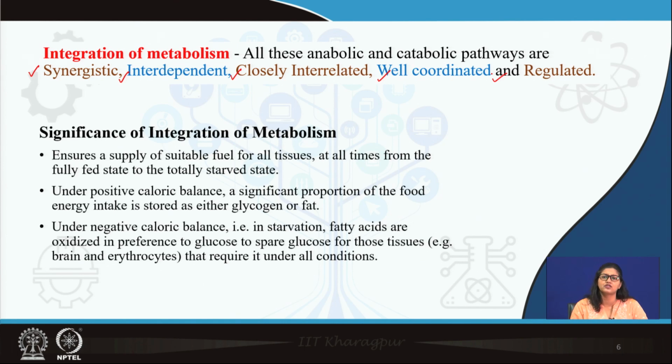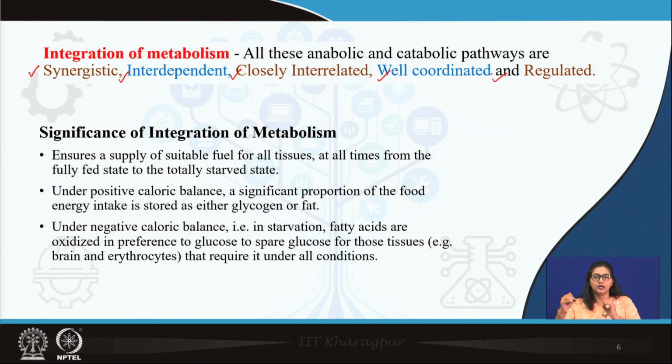What is the importance or significance of integration of all these pathways? Basically, that integration is required for our body, for the maintenance of all the cells, their survival, their quality functions. For that, this integration is required, because finally, integration of all these pathways ensures the supply of suitable fuels to all the tissues.